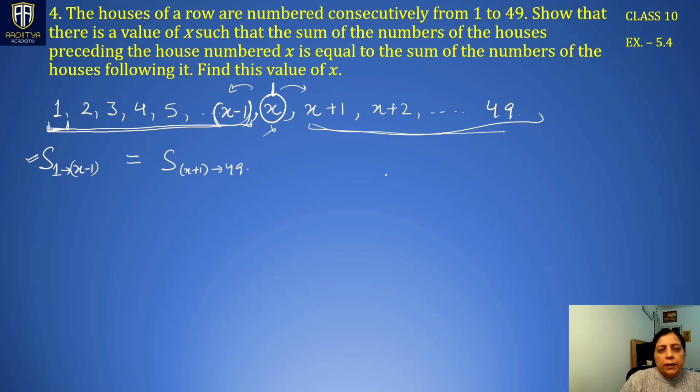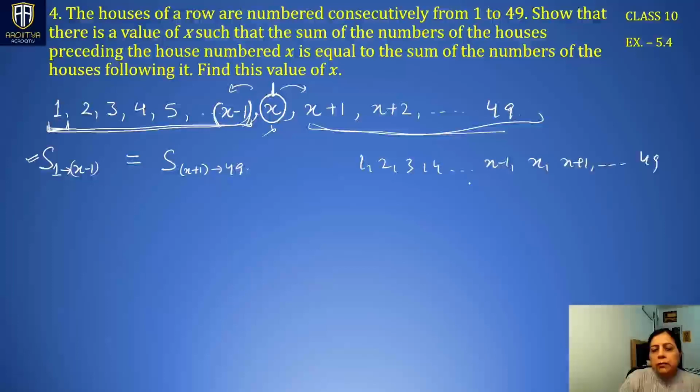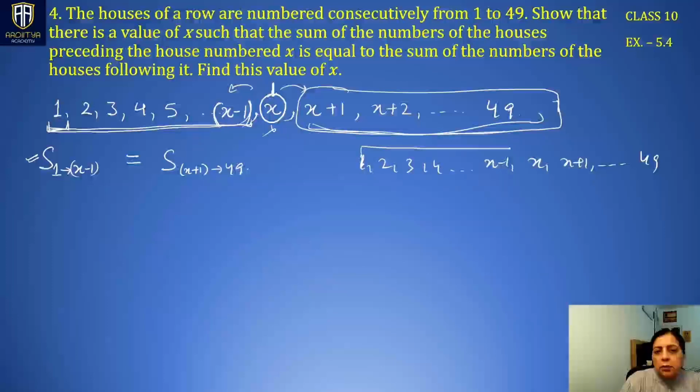If we have to find the sum of the terms from x plus 1 up to 49, what we can do is, we start with the sequence from here and find the sum up to 49 terms.